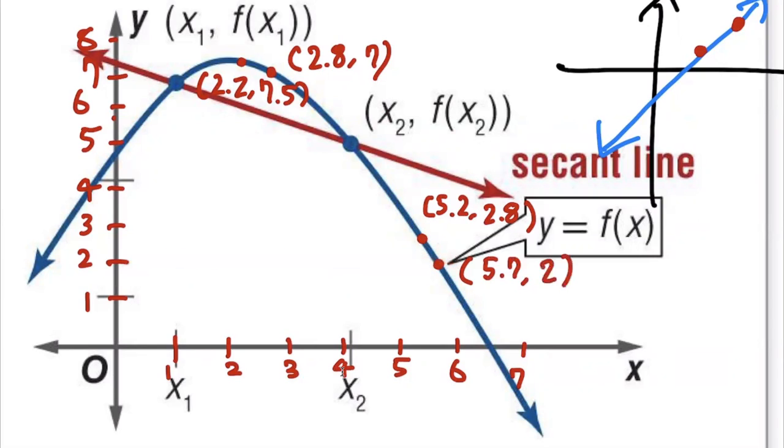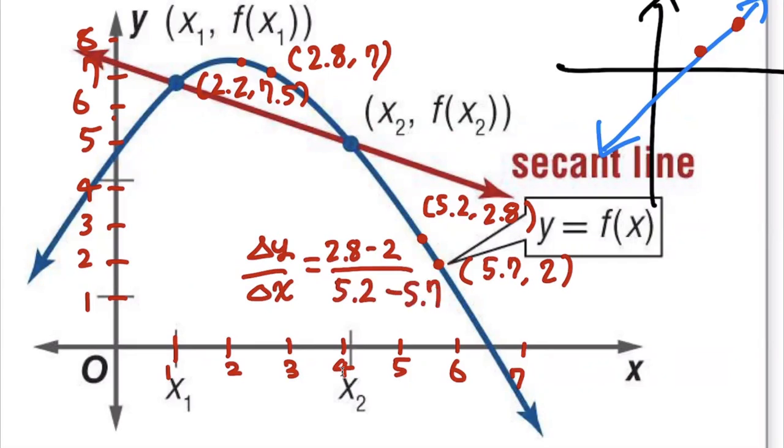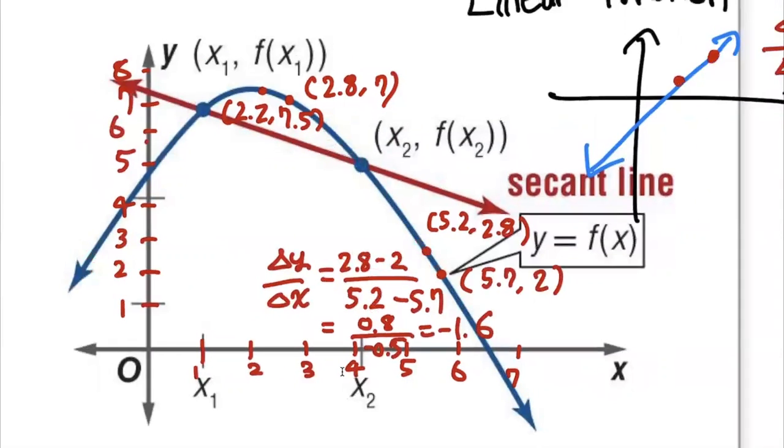Perfect. We're going to do change in y over change in x. Same thing. It would be 2.8 subtracted by 2 over 5.2 subtracted by 5.7. If you do that, it's going to be 0.8 over 0.5. So if you put that on a calculator, it will be negative 1.6.